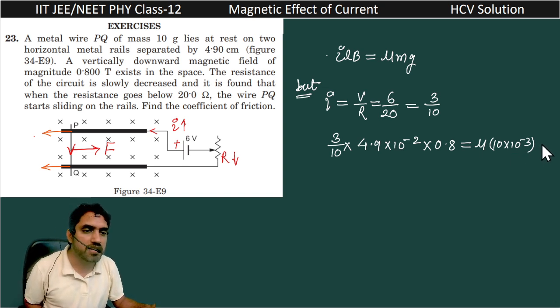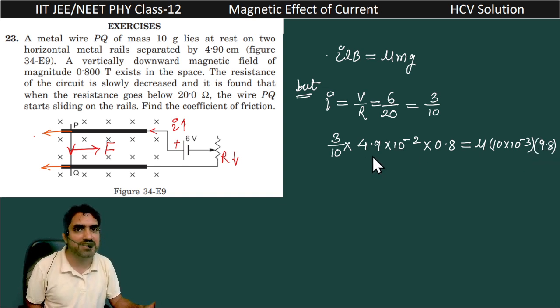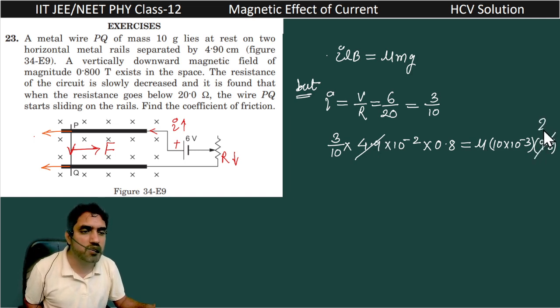And this g, we have to use as 9.8, because 4.9 is given in the question. So this 4.9 and 9.8 will cancel two times.